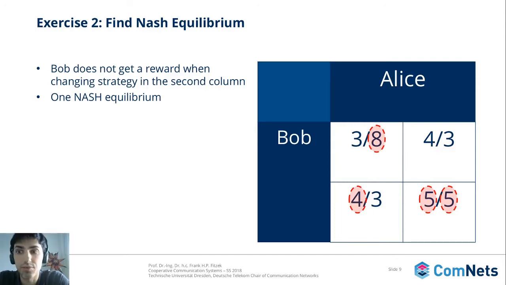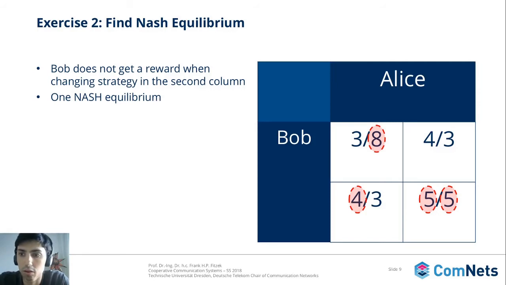So she changes. And then Alice is getting 4 points and Bob is getting 3. Then Bob sees that if he moves to the lower strategy, instead of getting 3 points, he will get 5.